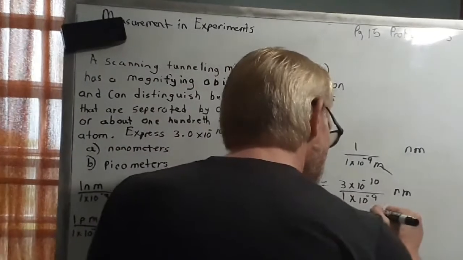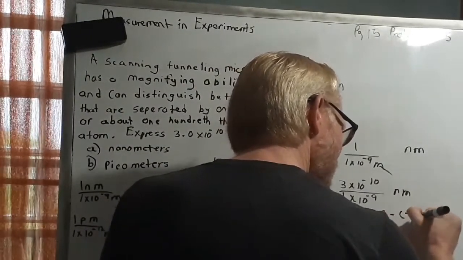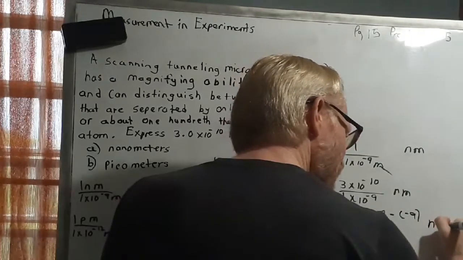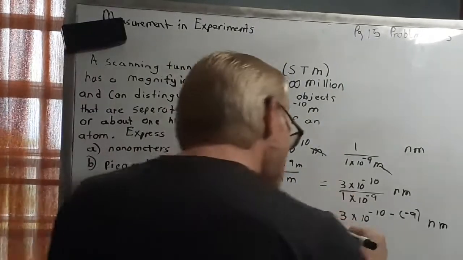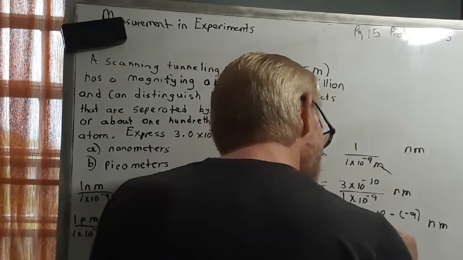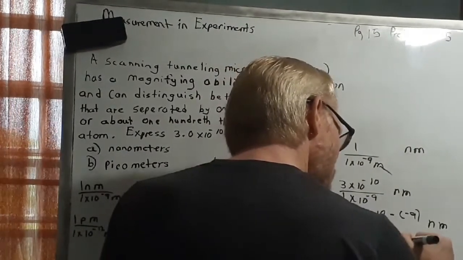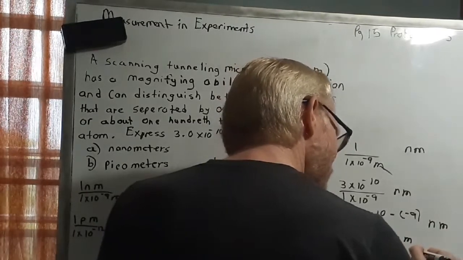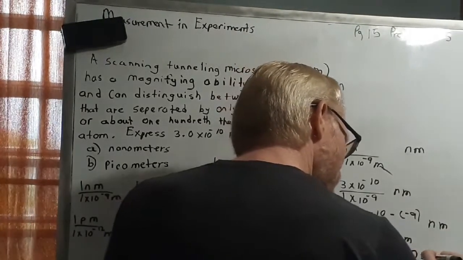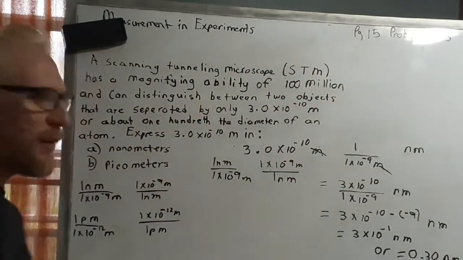So this is actually going to be negative 10 minus negative 9 nanometers. And of course, negative 10 minus negative 9 is negative 1. So my final answer is actually 3 times 10 to the power of negative 1 nanometers. Or, if you divide that, 0.3 nanometers. Either one of them is correct, okay?